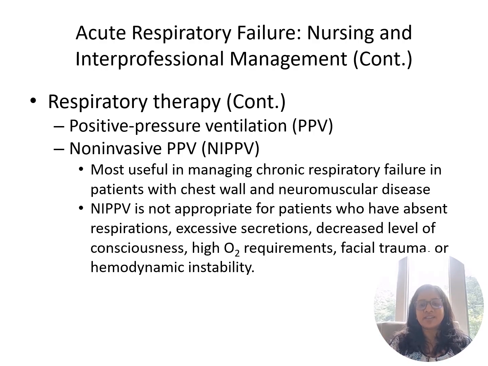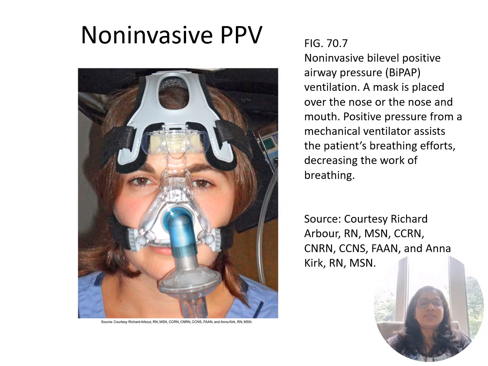What we see in our clinical practice is positive pressure ventilation. What it does is that it keeps the alveoli open using a positive pressure. So from that iron lung big machine connected to a person to just a nasal cannula, we can provide positive pressure through a nasal cannula. I'll show you that in a picture next slide. So this is one of the non-invasive positive pressure ventilation, BiPAP, bilevel positive airway pressure.